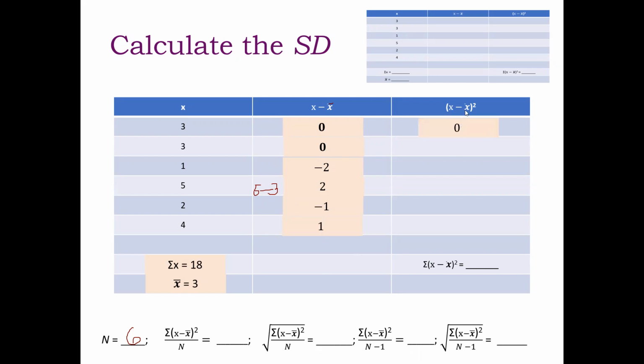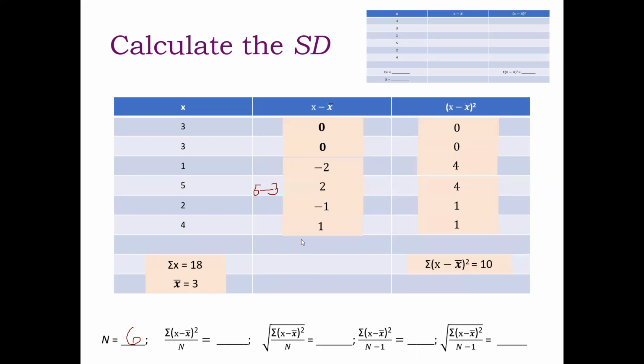Then you just square these values to get the squared deviations, right? So 0 times 0 is 0. Negative 2 squared is 4. 2 squared is 4. Negative 1 squared is 1. 1 squared is 1. Then we add these up. So sigma deviation squared is equal to 10.